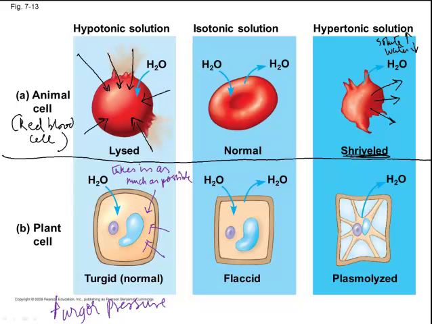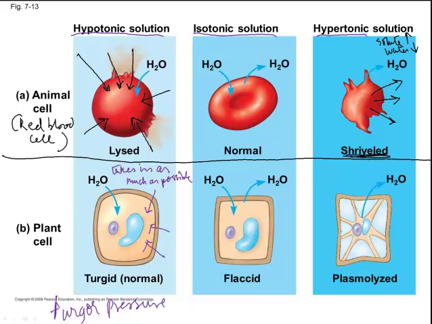Now this pressure that is exerted on it makes the cell swell up, but it is very normal for that cell, and any plant cell exists in this condition under normal conditions. So remember, the same things happen to it when kept in these different solutions.